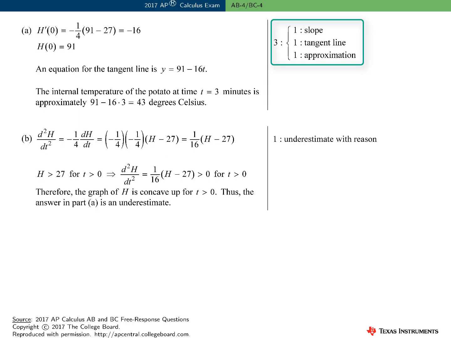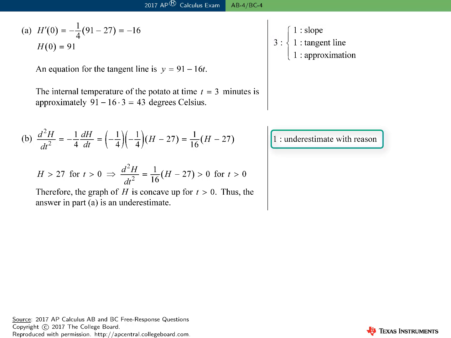Here are the scoring guidelines for this question. Part A was worth 3 points: 1 point for finding the correct slope of the tangent line, 1 point for presenting an equation of the tangent line, and 1 point for finding the approximation using the tangent line.